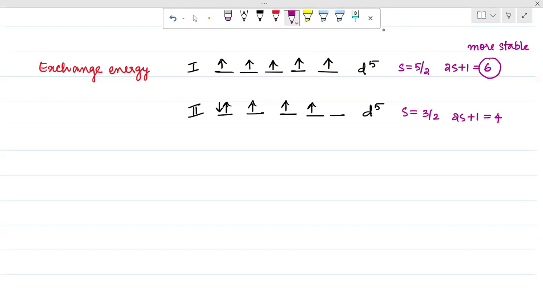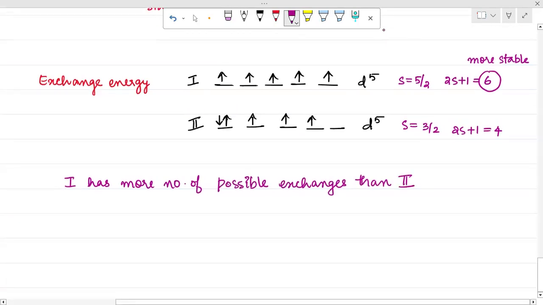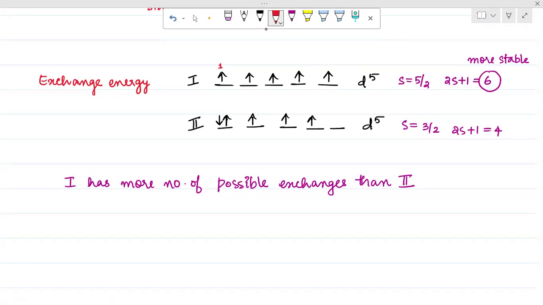Apart from that, there is something called exchange energy. According to the exchange energy, configuration 1 has a greater number of possible exchanges than 2. Let me try to explain. Let's say that this is numbered 1 with an up spin.